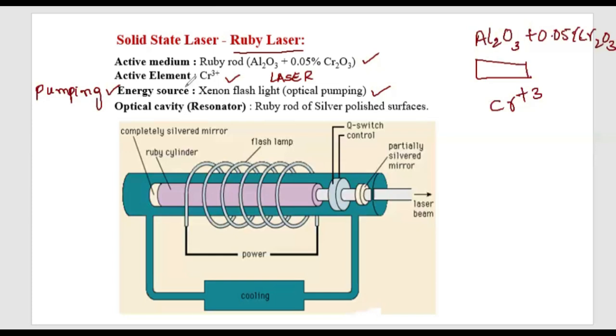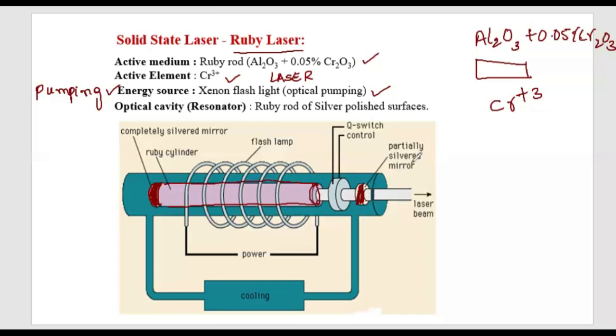And for the resonating cavity, the ruby rod itself is silvered at the ends. Instead of using mirrors, the ruby rod itself is silvered on either end. So let us see its working. The ruby rod is made into a cylindrical form, fine polished, and on either side it is coated with silver.